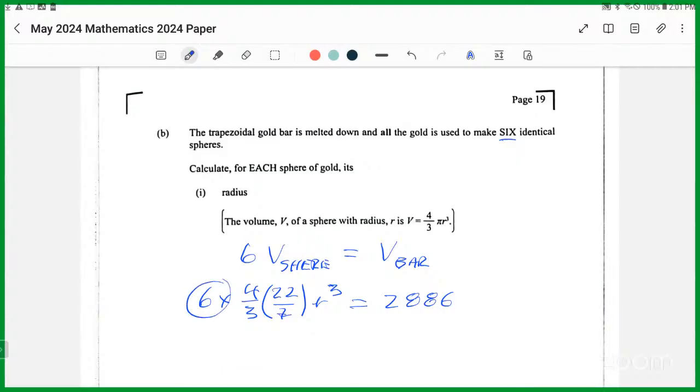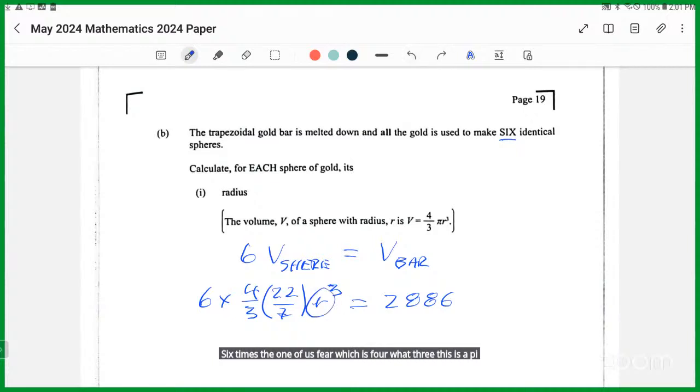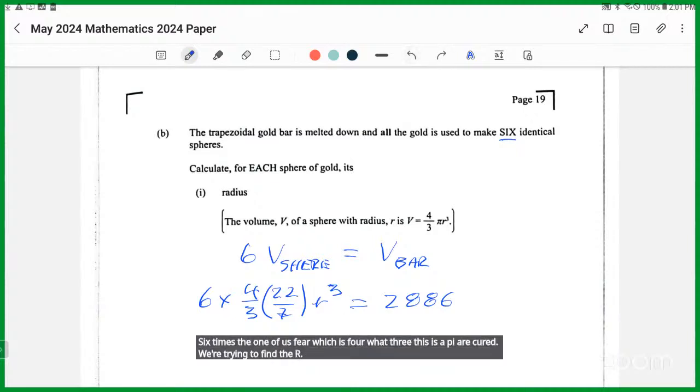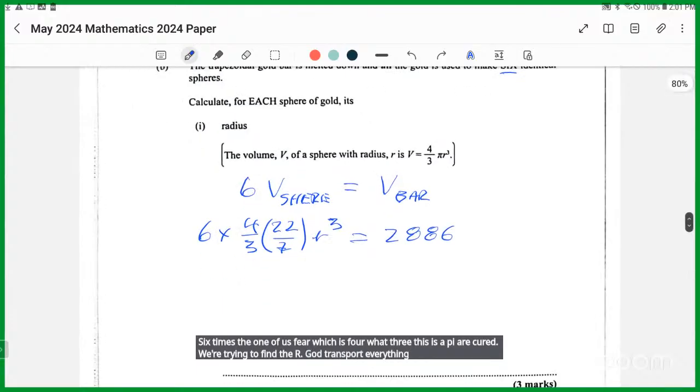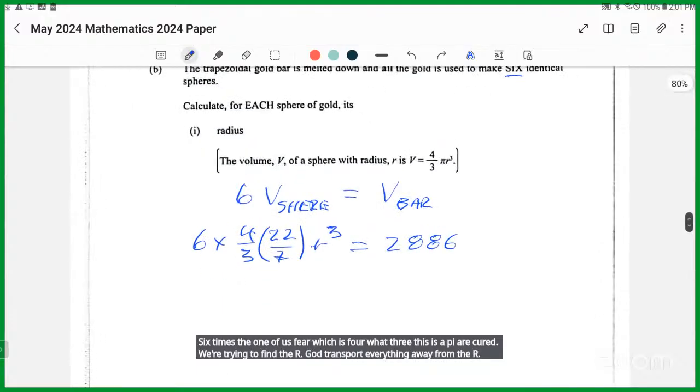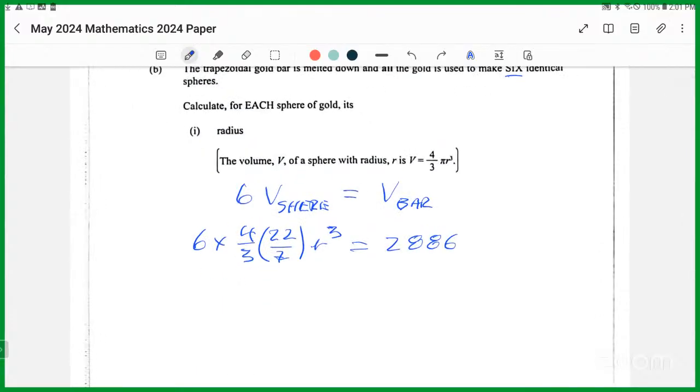We're trying to find the r, so we're going to transpose everything away from the r. You can do that if you want, by dividing by 6. No problem, same difference.